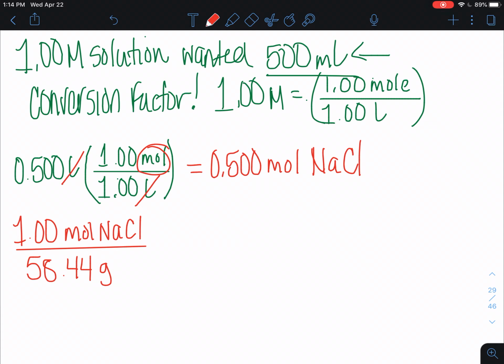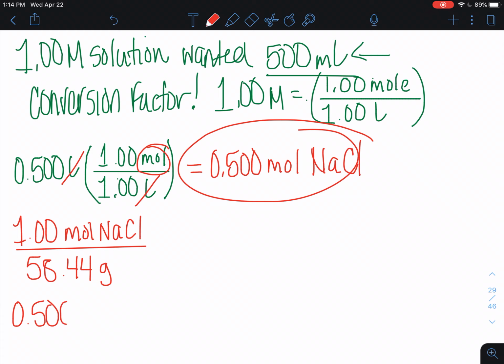We can take this 0.500 mole NaCl and convert it to grams, so 1 mole is 58.44 grams.